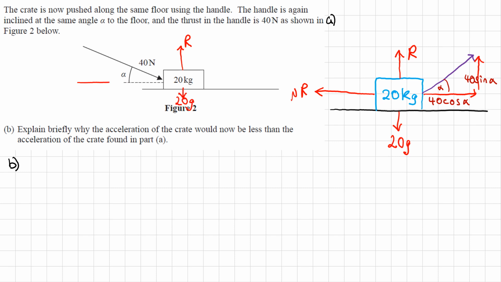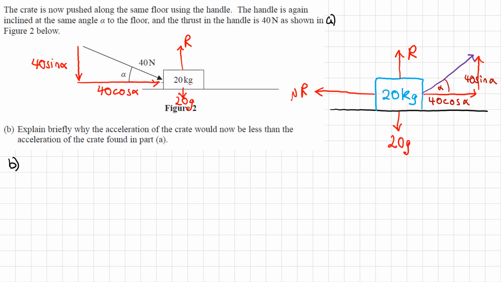I will have 40 cos alpha going horizontally, and then vertically down 40 sine alpha. Now, the first thing that strikes me is that this 40 sine alpha is in the opposite direction in part B to what it was in part A. Part A was pointing up, part B is pointing down.